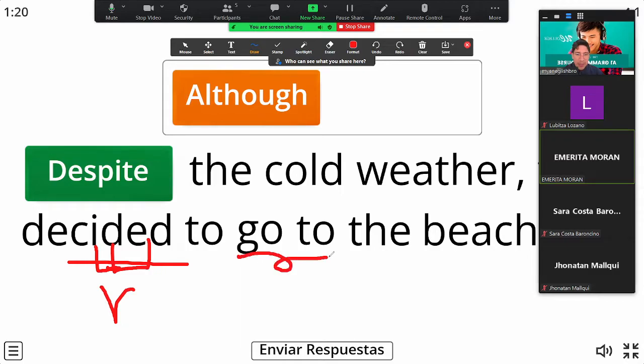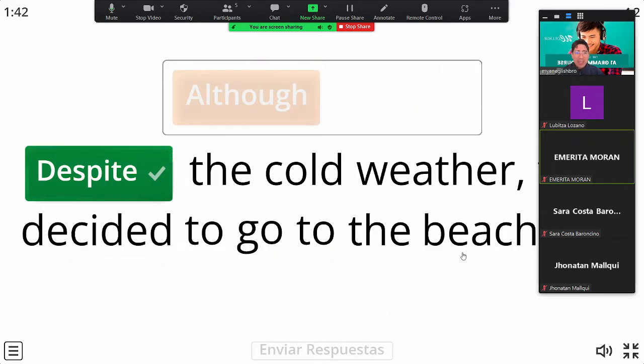And when you have go to, you say goda, goda. Go to the beach. Good job.